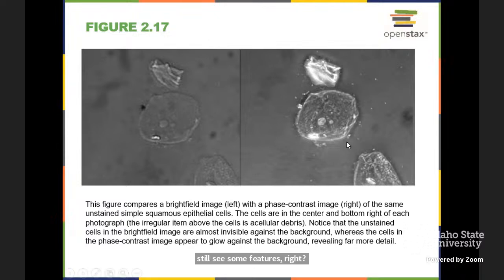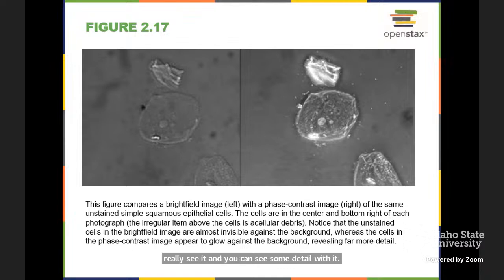Then we move over to the phase contrast. It's similar, but now there's definitely some variation in here. The nucleus pops out, I feel like. So too does sort of the surface of the cell, all right? I kind of imagine it like going outside and seeing the moon, and you can look at it and kind of see craters and stuff like that. And then you bust out a telescope and look at it and really see it, and you can see some detail with it, right?